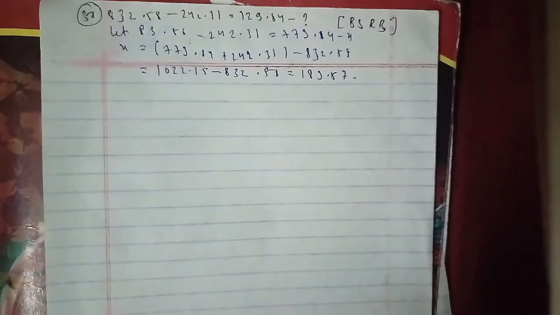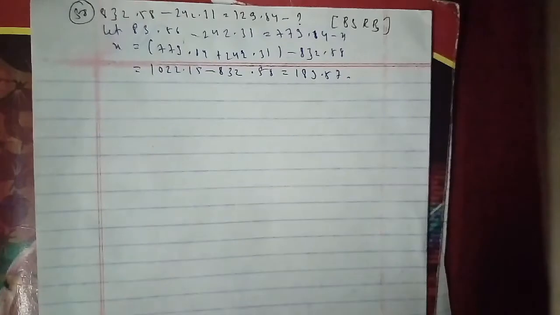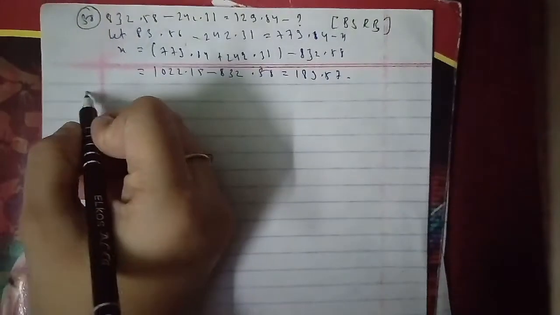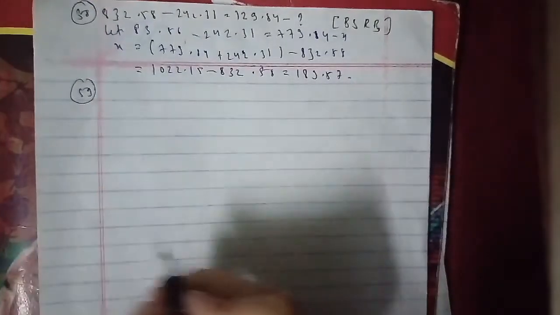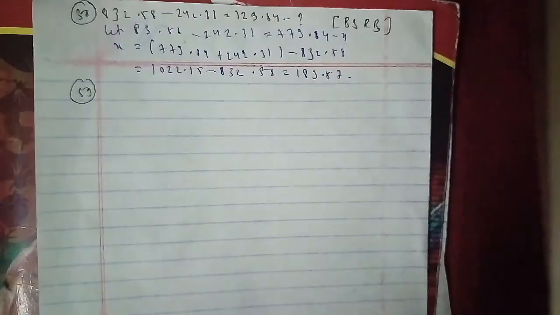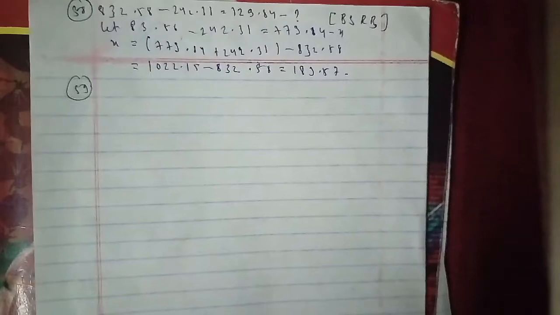The 59th question is: what will come in place of the question mark in the following equation? You have to see the equation and tell what number will replace the question mark.